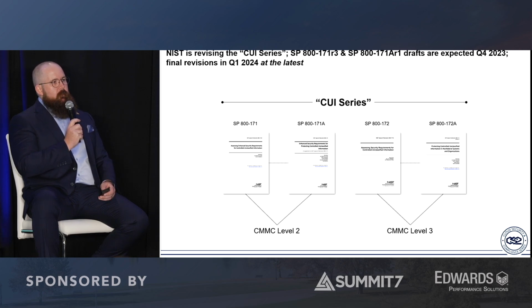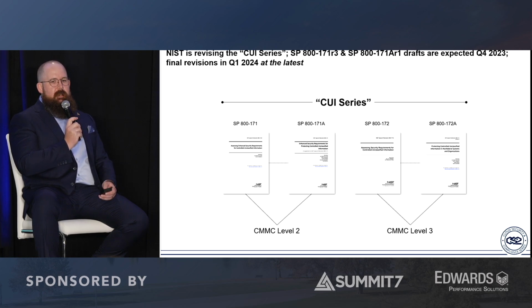It's very important to pay attention to the changes that occur in the CUI Series because CMMC, as we've talked about before, is the program that assesses and verifies your implementation of the requirements in that series of documents. So as goes the CUI Series, so goes CMMC. CMMC is a separate program from the requirements, so it's very important to pay attention to and participate in the change process for those requirements.